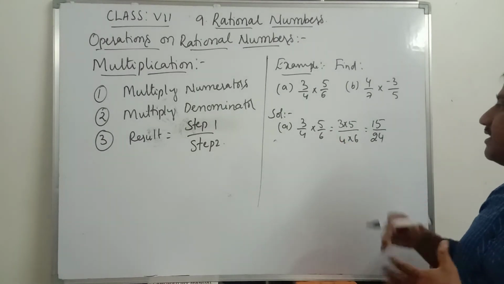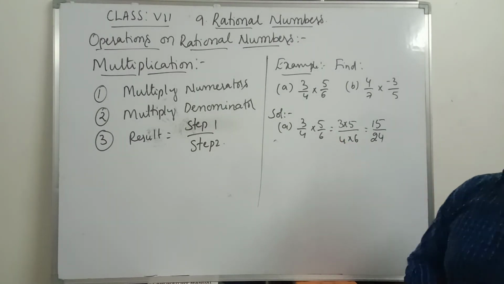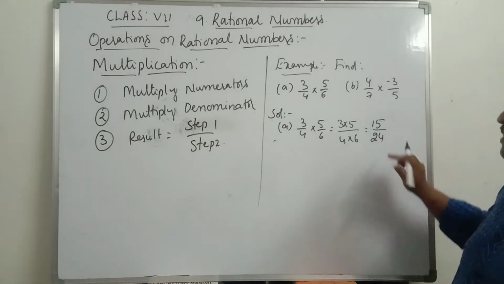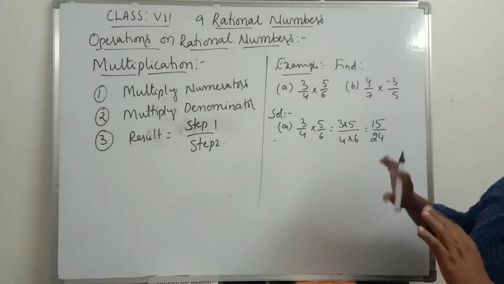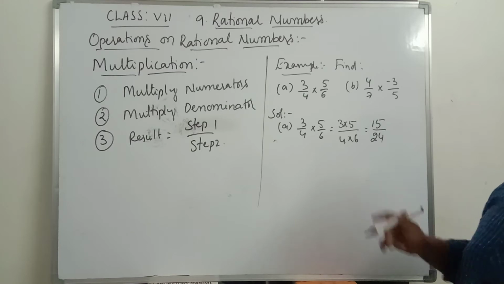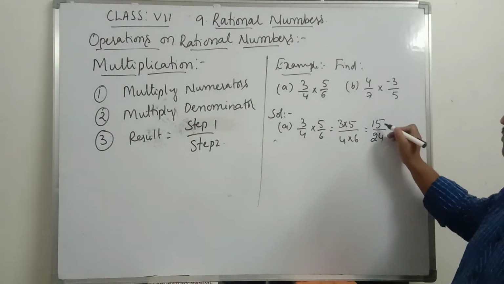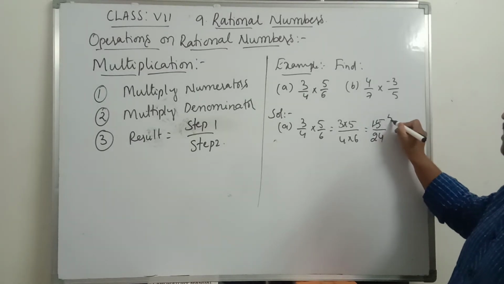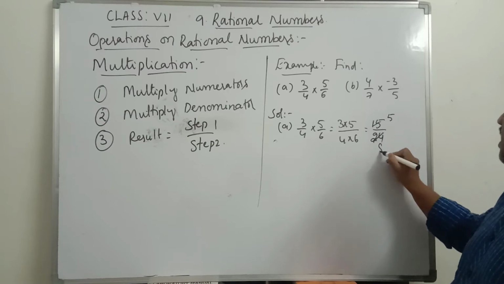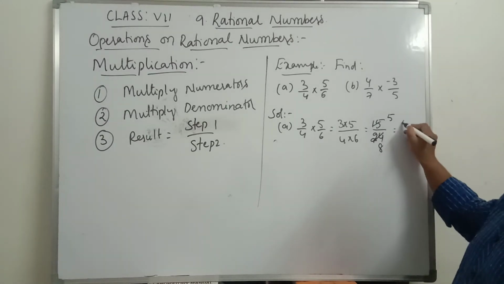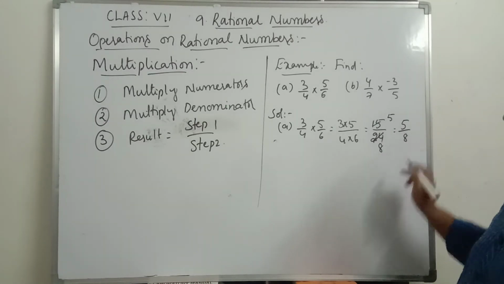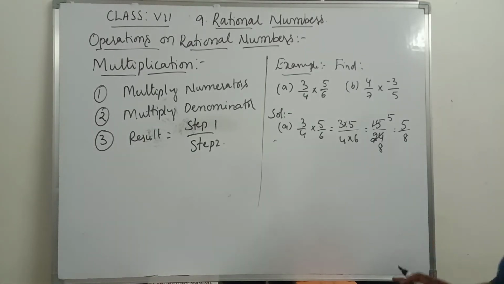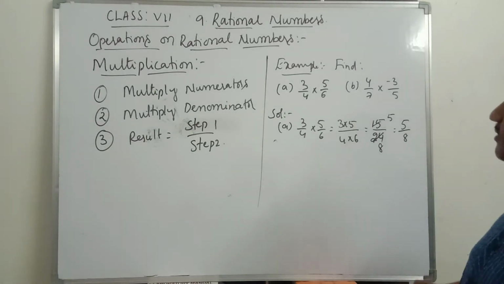If you find any simplifications, we can simplify. You see here 15 by 24, both are multiples of 3. We should write it in the simplest form. So it is divisible by 3. 3 5s are 15, 3 8s are 24. So we get the product as 5 by 8. Always the product should be written in the standard form, that is the simplest form.